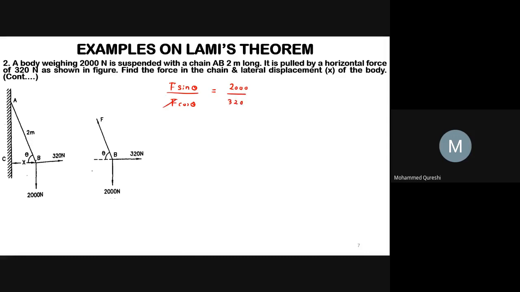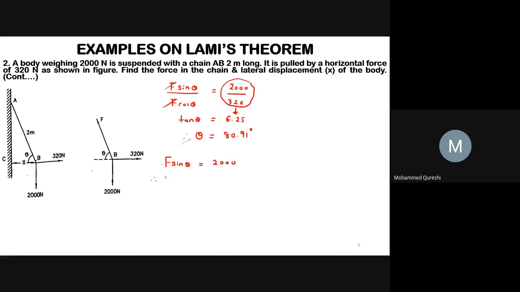So this F will be cancelled, and sine by cos is nothing but tan theta equals, solving this, 2000 divided by 320, you will get 6.25. So therefore, theta equals 80.91 degree.